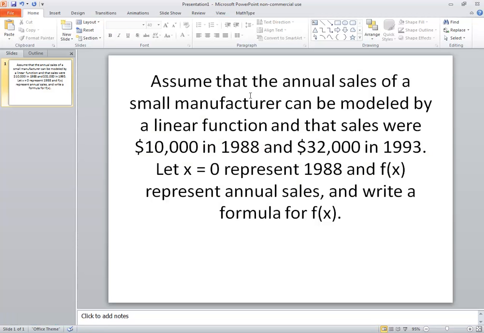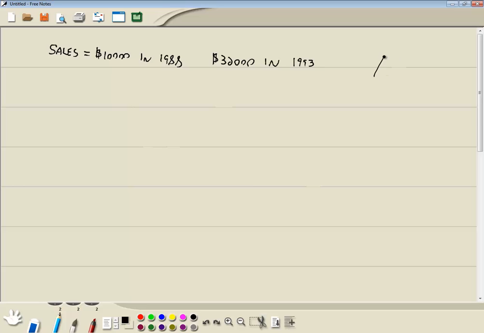Now, they tell us it's going to be a linear function, and a linear function is always of this form: y is equal to mx plus b. We just need to know what our m is and our b. Now remember, m is a change in y over change in x. So change in y over the change in x.